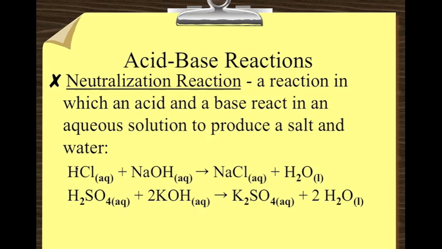We know that because the hydrogen is the very first element in HCl, and we know that sodium hydroxide is a base because it has an OH at the end of it. Anything that starts with a hydrogen is an acid. Anything that ends with an OH is a base. So we have an acid and base together. It creates salt, meaning NaCl, and water. Same thing here with sulfuric acid and potassium hydroxide. We have that hydrogen, we have that OH, so we have acid and base. We make salt and water.